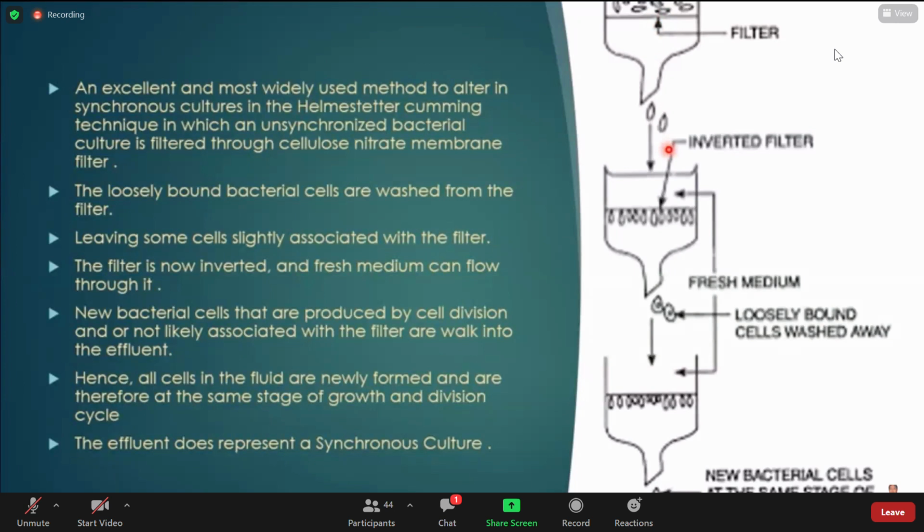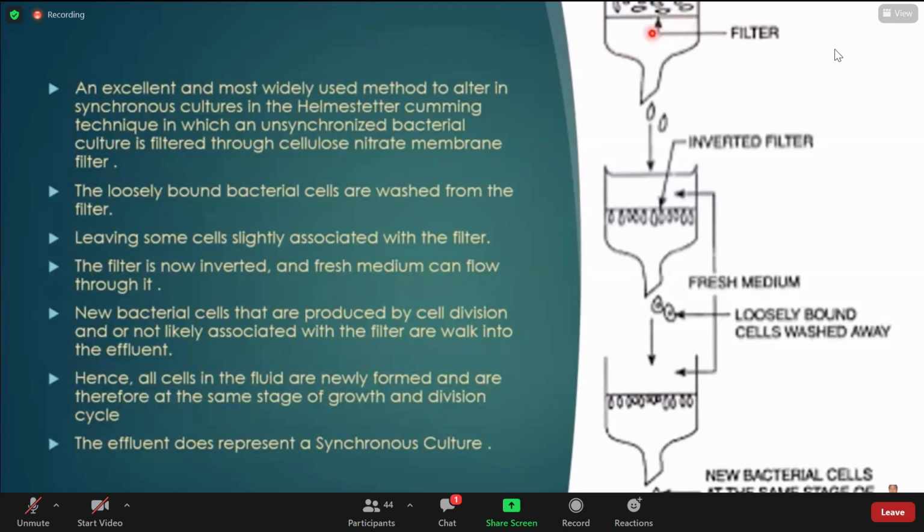Now we have to take this filter, the cellulose nitrate filter, and invert it. And now you are going to pass a fresh medium to flow through it. You have passed a cell culture, unsynchronized, that means different sizes of bacterial cells are there, through the cellulose nitrate membrane filter.